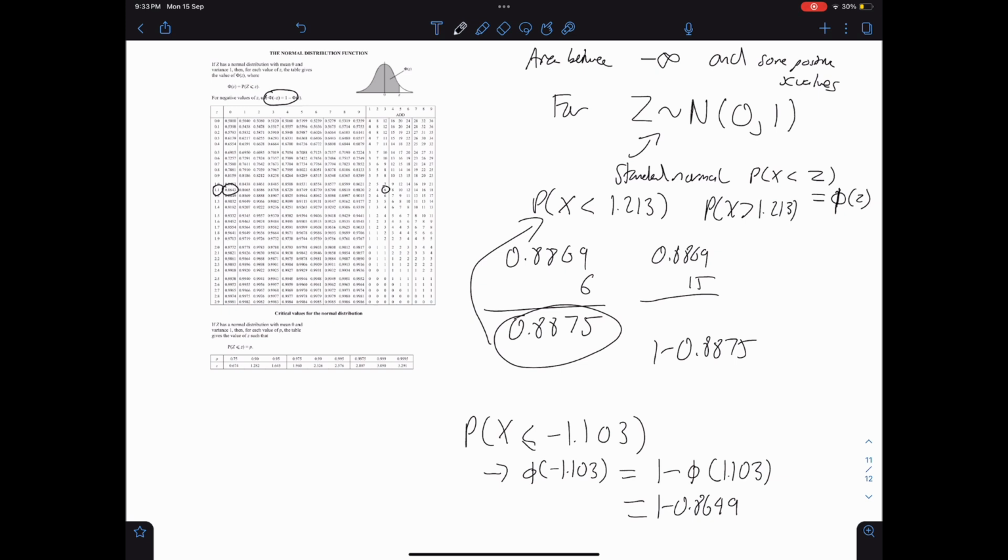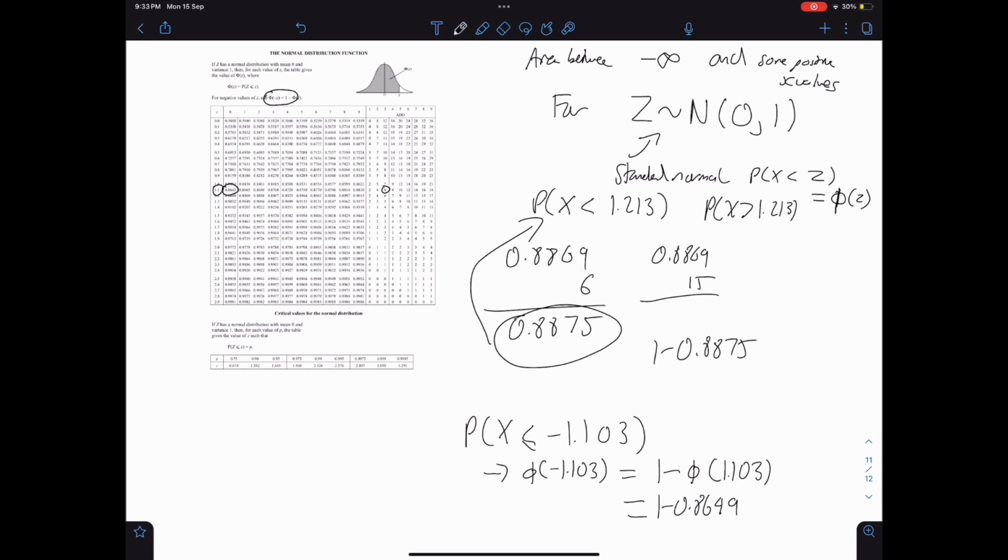So negative something has the same area to the left as positive something has to the right. And this also means it has the same area to the right as the positive thing has to the left. It's symmetrical. If it helps, you may want to do a sketch. That can always be helpful, so you know what areas to minus.